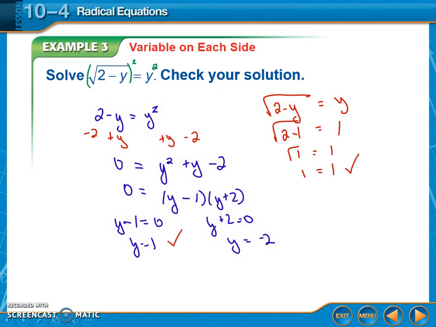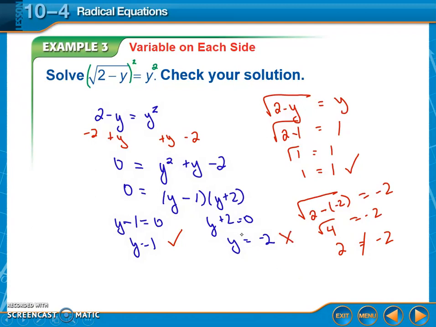This one is okay. I need to check the other one too. I put in 2 minus a negative 2, and I want to know if that equals negative 2. So 2 minus a negative 2 is the square root of 4, which is equal to negative 2? The square root of 4 is 2, which is not equal to negative 2. So this one does not work.